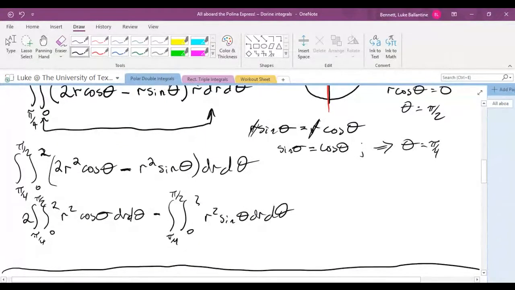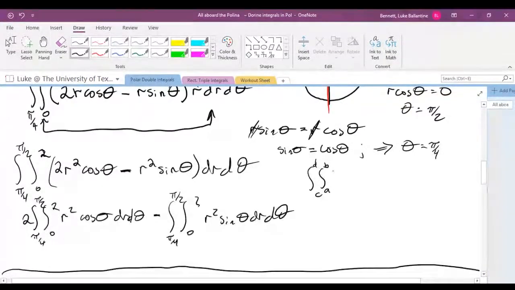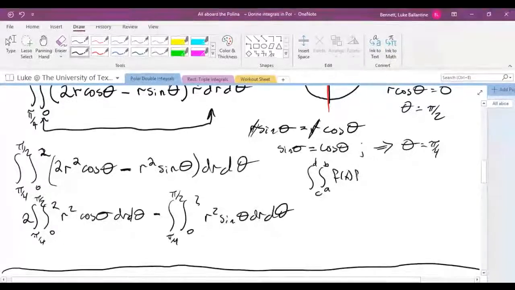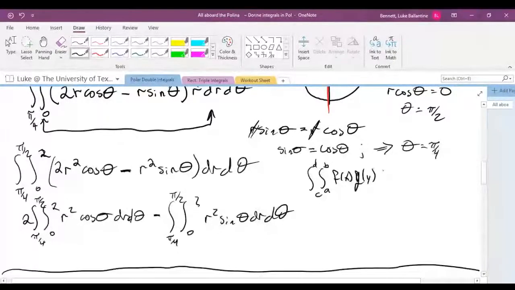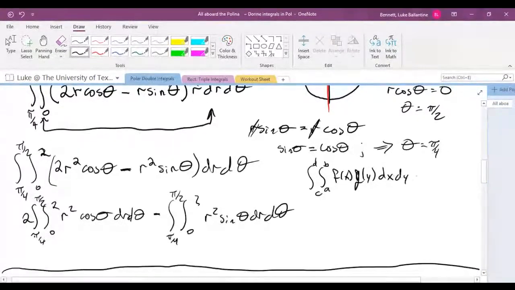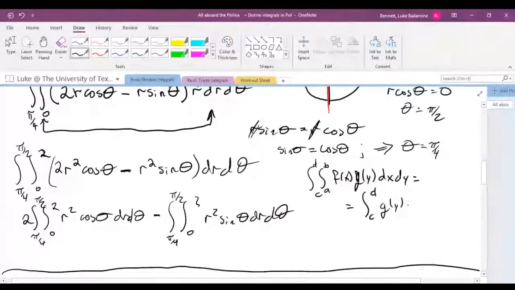Now remember, in a previous session we came to the conclusion that if we have a double integral over some bounds, say a to b and c to d, of f of x times g of y, dx dy, this is the same thing as the integral from c to d of g of y dy times the integral from a to b of f of x dx.